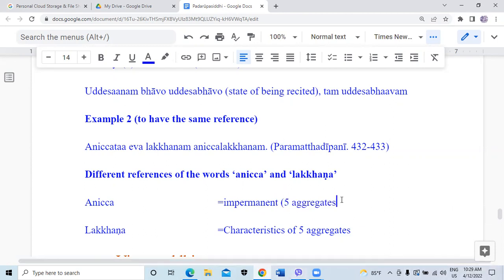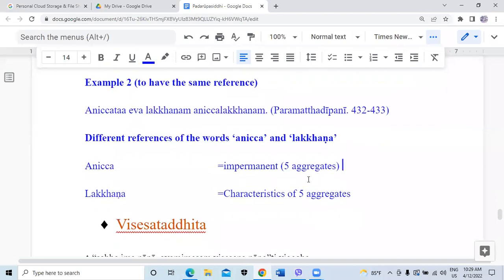Its real meaning. Yes, yes, is it? Yes, thank you. So impermanent. What is impermanent? So if so, impermanent characteristics. Yeah, we need to put this aggregates in the bracket. Otherwise, you would be confused. Okay, so impermanent characteristics.